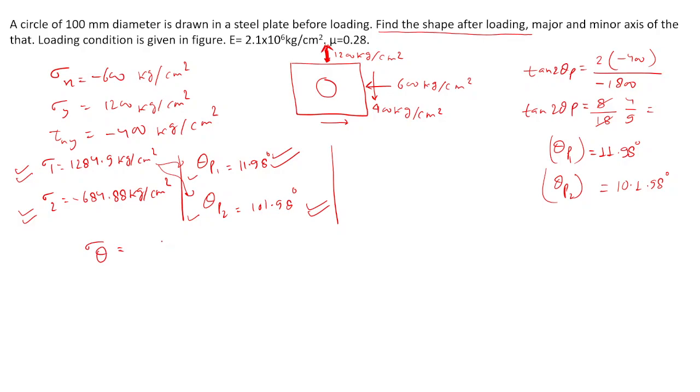Sigma x plus sigma y by 2 plus sigma x minus sigma y by 2 cos 2 theta, plus or minus here.